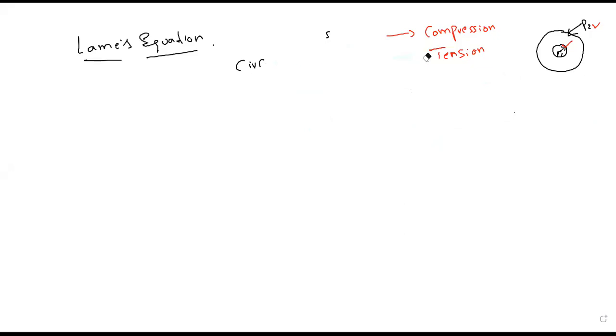Let me erase this also. So what is case one? Case one is where the cylinder is subjected to internal and external pressure. Now let's see case 2.